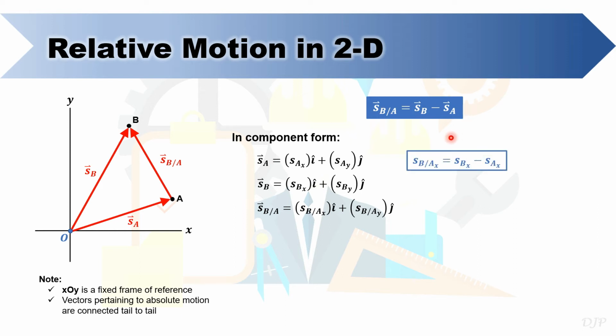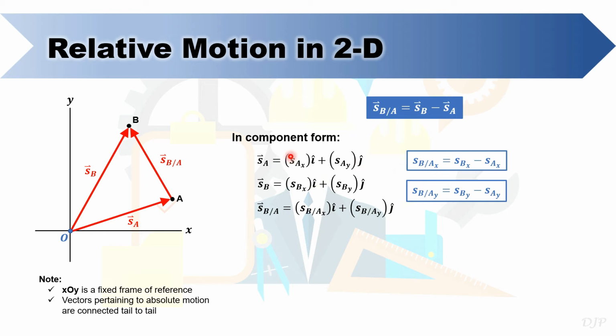Therefore, the horizontal component of the relative position is equal to the horizontal component of S sub B minus the horizontal component of S sub A. In the same way, the vertical component of the relative position is equal to the vertical component of S sub B minus the vertical component of S sub A. If we have written each vector in the formulas in terms of its components, it will be much easier to make use of the formulas by components.